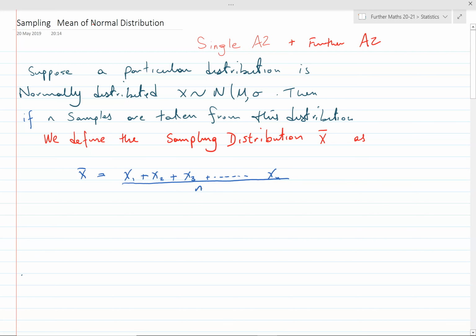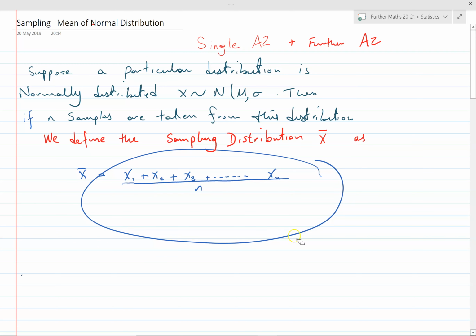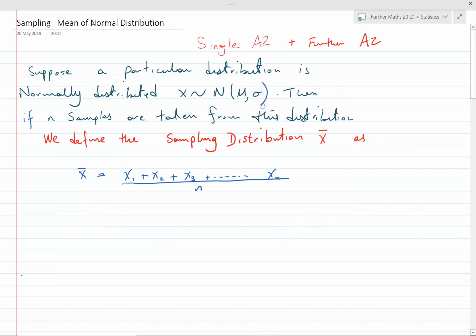It makes sense that the expectation of the mean of this distribution is going to be the same as the original normal distribution which we were dealing with.